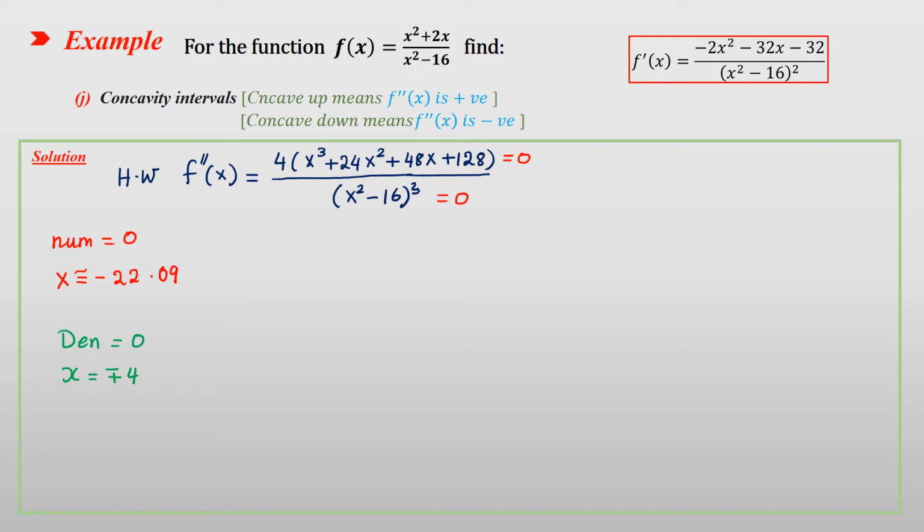Now negative 22.09 is in the domain of our function, but plus minus 4 is not in the domain of our function. To find the concavity for this function, you have to read the sign of f double prime. So pay attention, you have to take the zeros of numerator and denominator.